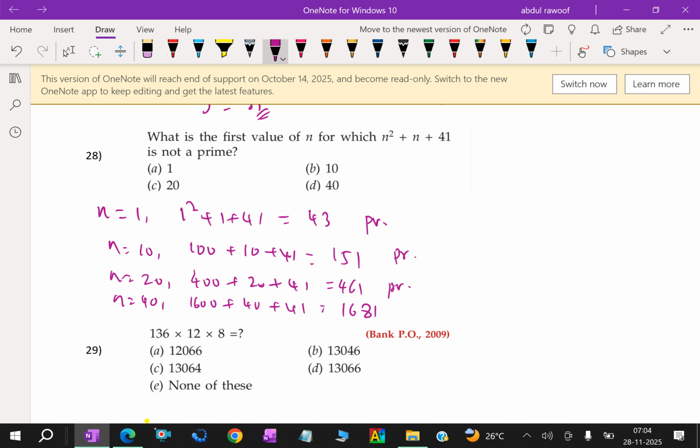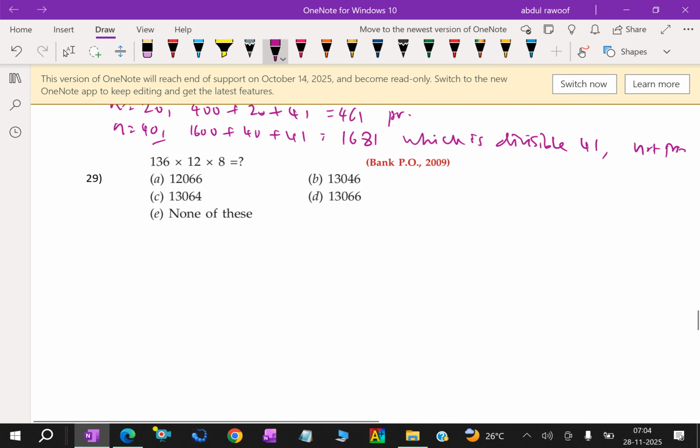It is not a prime, because it is divisible by 41, therefore not prime. So n equal to 40 is the option.